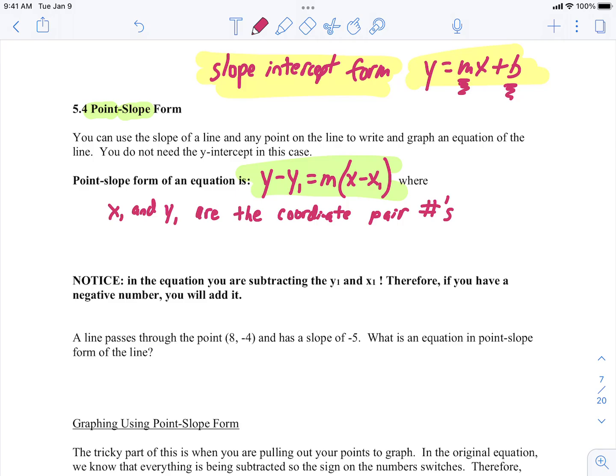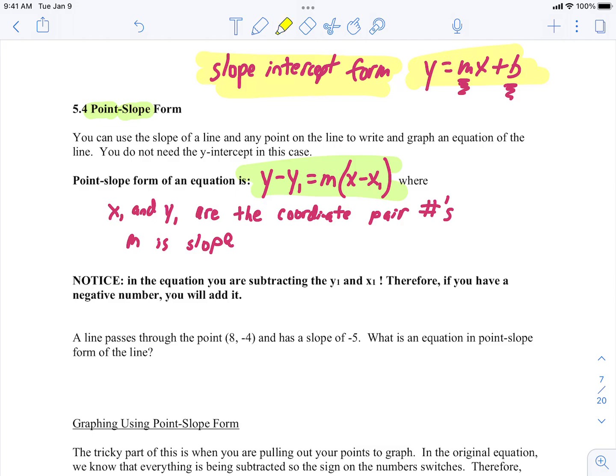So the points you're given, you will plug in for x1 and for y1. M is the slope, there's nothing new there. The regular y and the regular x, you are not touching. And when I say regular, I mean the y and the x without a 1 next to it. You will just rewrite that as y and x.